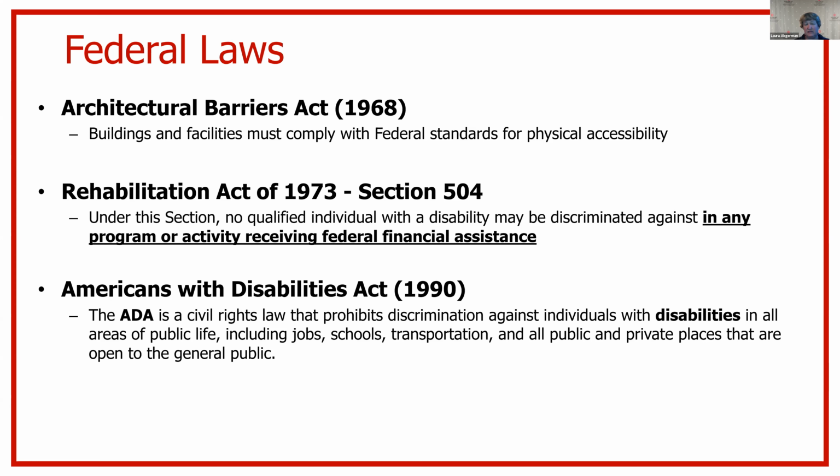So 1973, we need to be aware of that, and that includes employment, it includes communications, which obviously at the time there was no internet, but your phone, your transportation, so anything that you did had to be accessible.